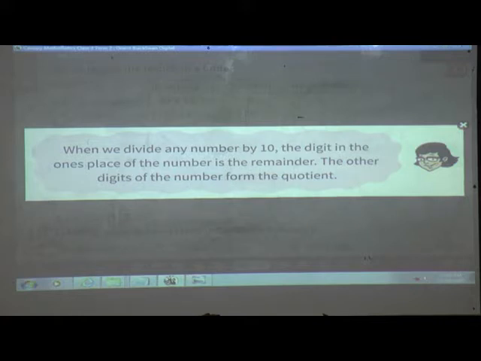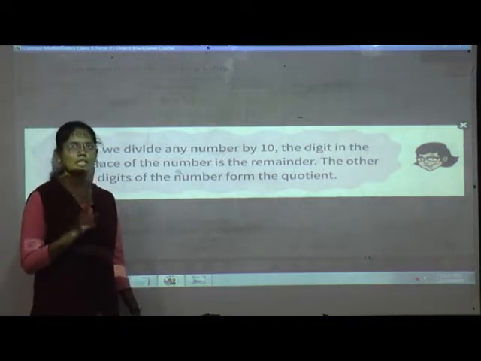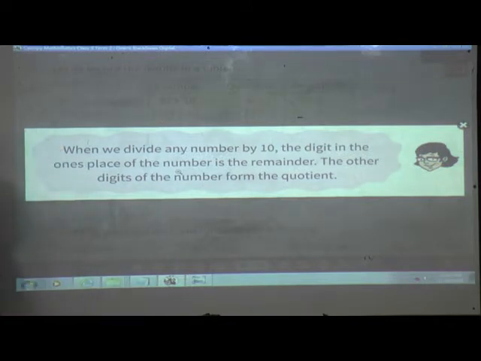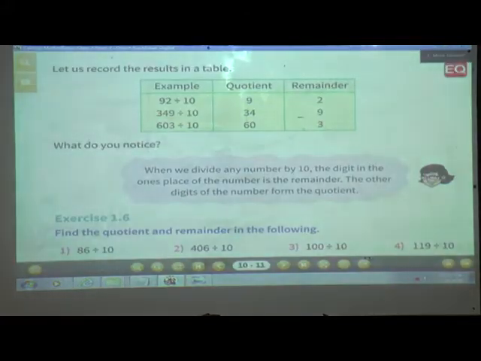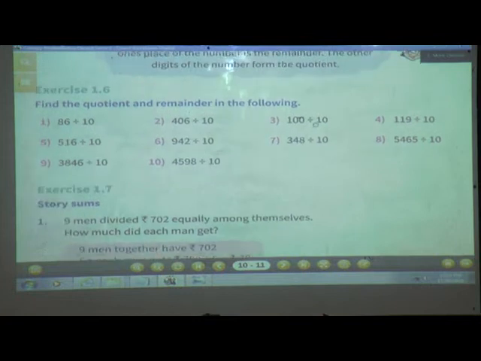Clear? When we divide any number by 10, whichever number is at the ones place, that number is the remainder, and the other digits of the number will form the quotient. Clear? Okay, now we'll see the next exercise, that is exercise 1.6.